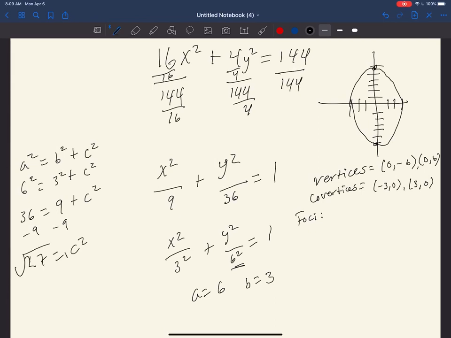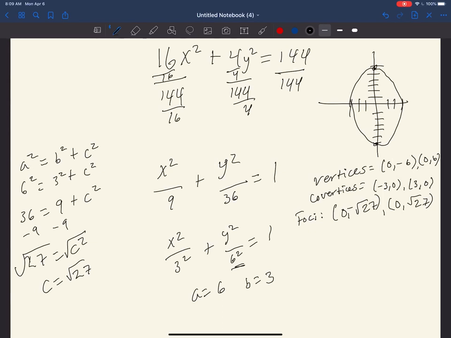Take the square root on both sides. C equals the square root of 27. So now, remember, one of them is going to be positive, one of them is going to be negative. And we are done.